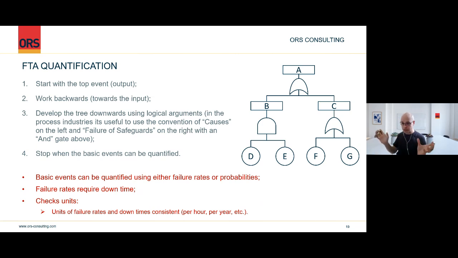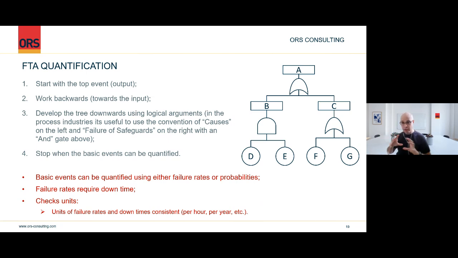So normally in the process industry, you put an AND gate and you say all the causes here, all the failure of the safeguards there, and you multiply those two depending on how you're organizing your tree. But that's the way to go normally, where you always have a cause and the failure of the safeguards, and the product of those leads you to the top event, right? Leads you to a hazardous event.